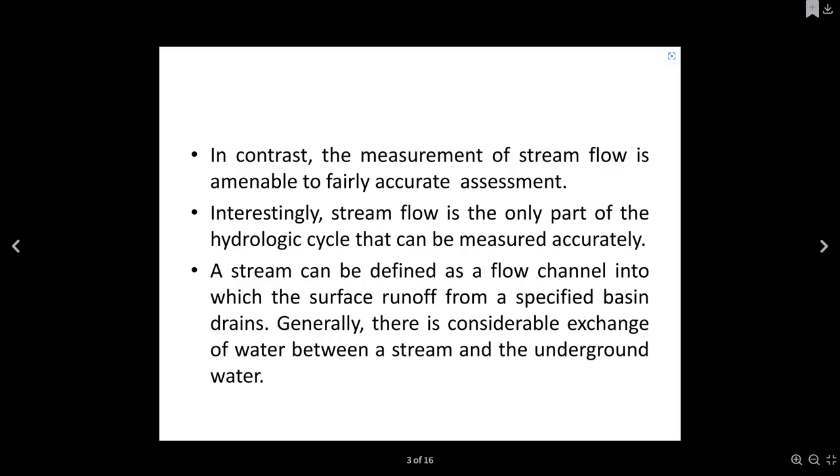Tawag natin diyan, stream. So itong sinasabi niya na there is considerable exchange of water between a stream and the underground water, ibig sabihin niyan is yung base flow. So yung base flow, kapag walang ulan, yan yung constant na flow ng tubig sa stream natin.